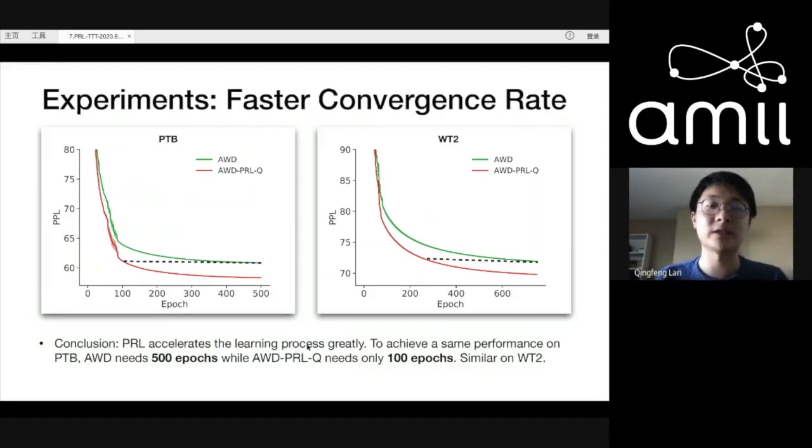And what we found is that PIL accelerates the learning process greatly. Here, the x-axis is the number of epochs, the y-axis is the perplexity, and you can see that to achieve the same result, AWD needs 500 epochs, but AWD with PIL-Q only needs 100 epochs, and we have similar results on WikiText-2.